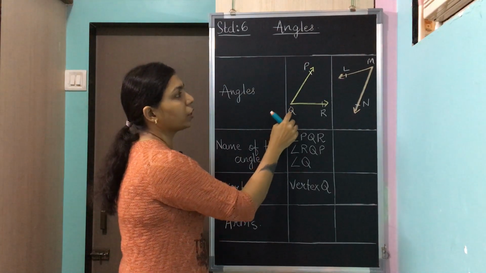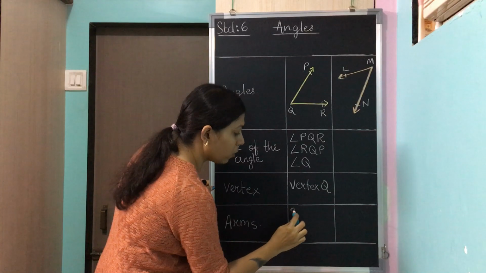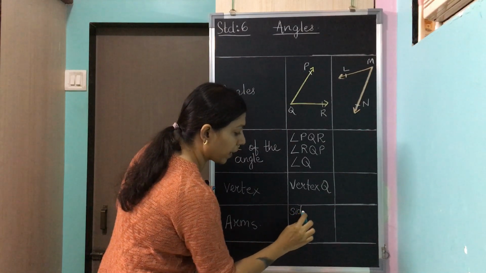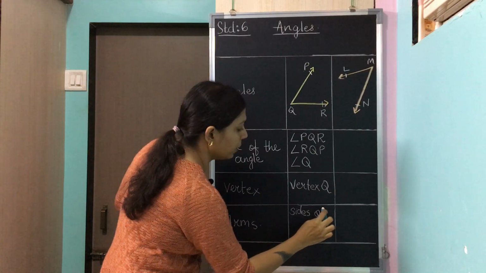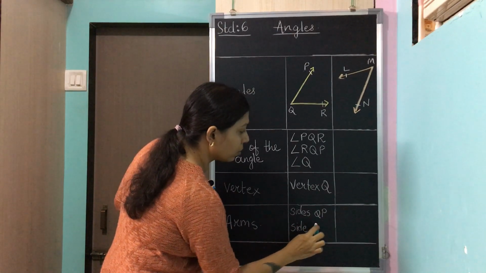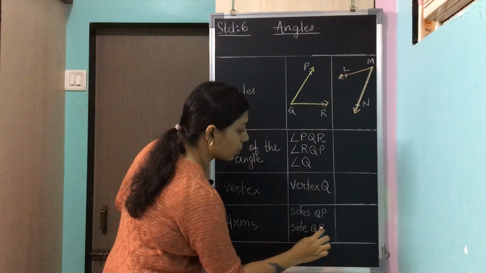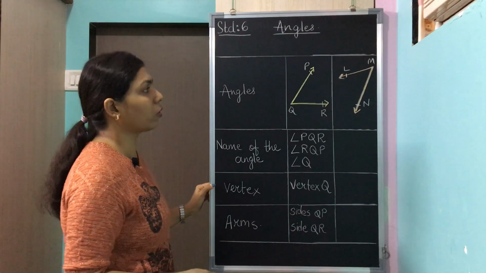You have arm QP and arm QR. They are also called the sides of the angle. So I'll write it as side QP and side QR.